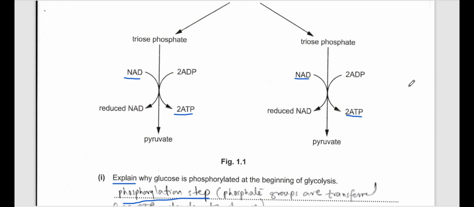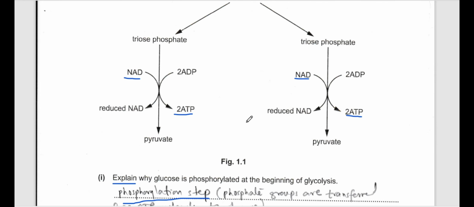Now let's talk about the NAD molecule. NAD is a coenzyme, and the one which I have underlined, NAD, and this side also NAD, both of them are in oxidized form. After receiving hydrogen from triose phosphate, it becomes reduced NAD, and reduced NAD this side as well.